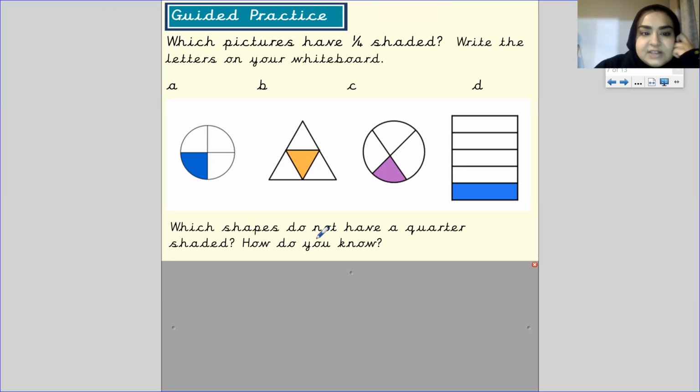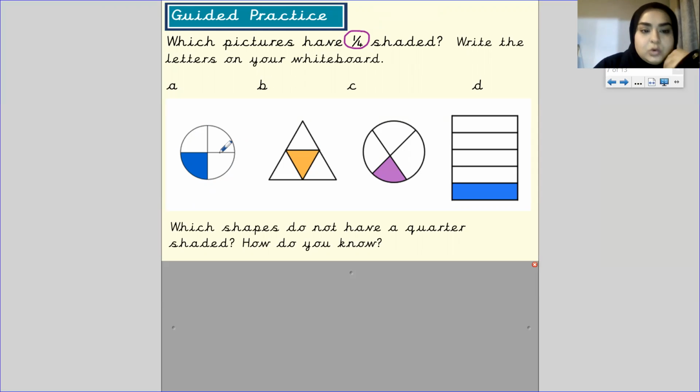All right, fantastic. So now, remember we said when you are doing fractions, it's talking about equal parts. So you need to remember, and you need to observe whether your shape has equal parts or unequal parts. Now, if I look over here, I've got a circle and it is split into quarters equally.